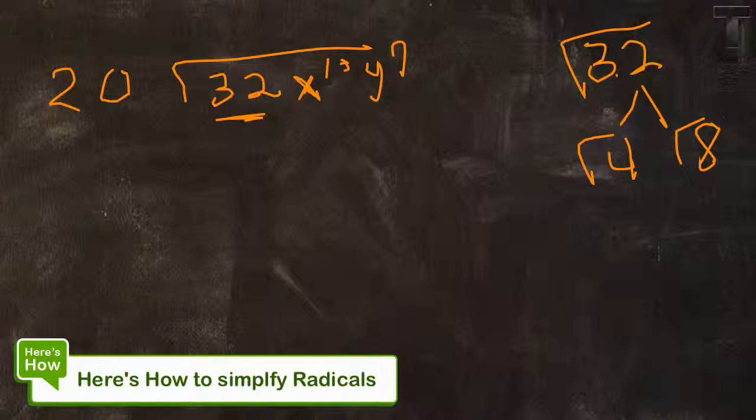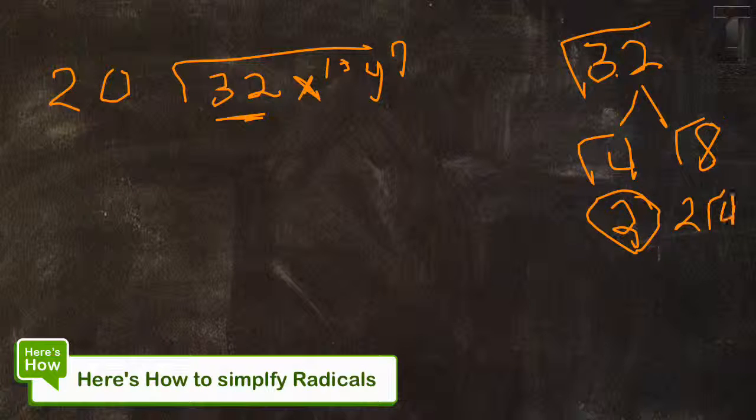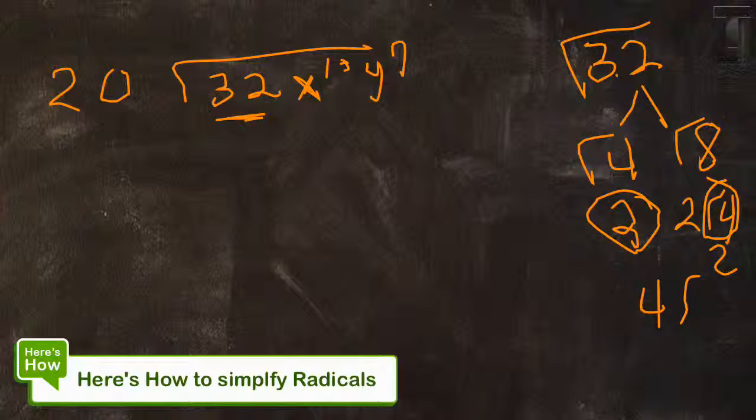Root 4 is just going to be 2 outside the radical, and root 8 is 2 root 4. And root 4 again is just 2 outside the radical. So 2 times 2 is 4. Root 2 is what's left of 32. So we know that 4 is outside, and we know we're going to move it over because we put the variables in. And we know that root 2 is inside.